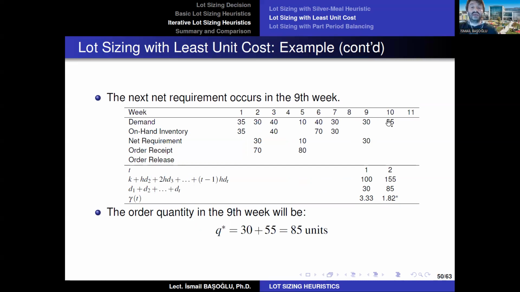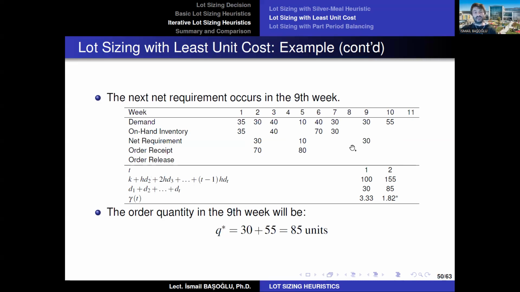If your order spans the next period's demand as well, then your cost will be increased by $55 as you carry 55 units of inventory to the next period, and the total demand that will be spent by this order will be 85. The average cost per unit will be 1.82. So again, we observe a reduction in the average cost per unit. We do not go further because this is the end of our planning horizon.